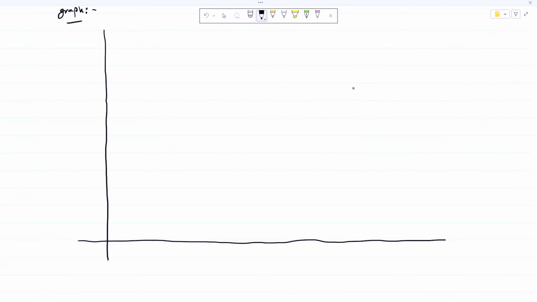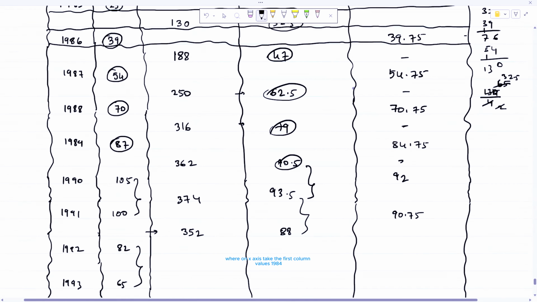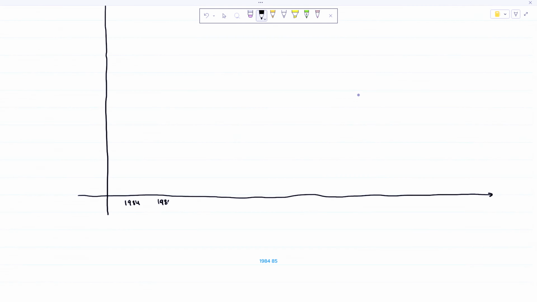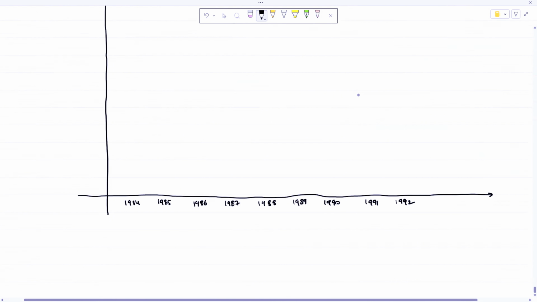So try to create long values, draw neatly, where on x-axis, take the first column values, 1984 it starts, 1984, 85, 1986, 1987, 1988, 1989, 1990, 1991, 1992, 93 is also there.